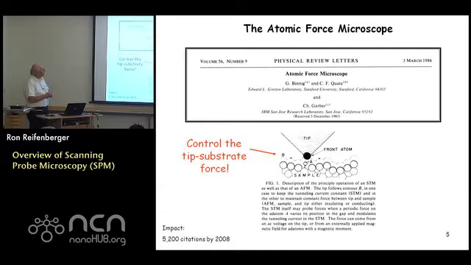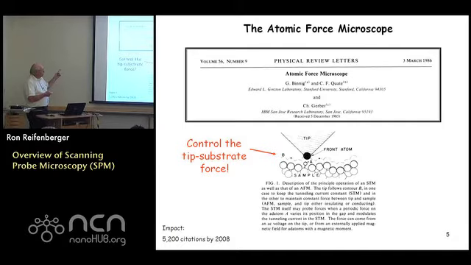He came and visited Cal Quate at Stanford and spent a sabbatical there. One of the scientists who worked with Binnig at IBM Zurich also joined Binnig, and together at Stanford they came up with this idea about an atomic force microscope.